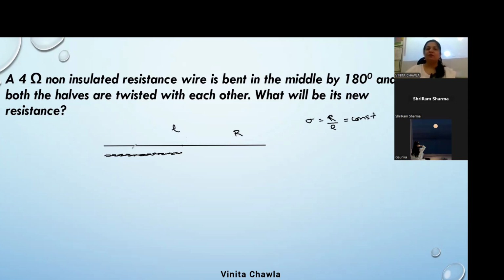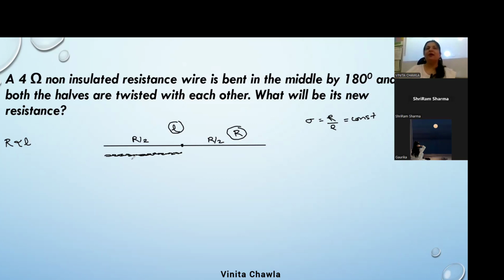If this wire has resistance R, then half of this wire has resistance R by 2 and this half also has R by 2. Resistance and length are directly related, so if we decrease the length to half, the resistance will also decrease to half.